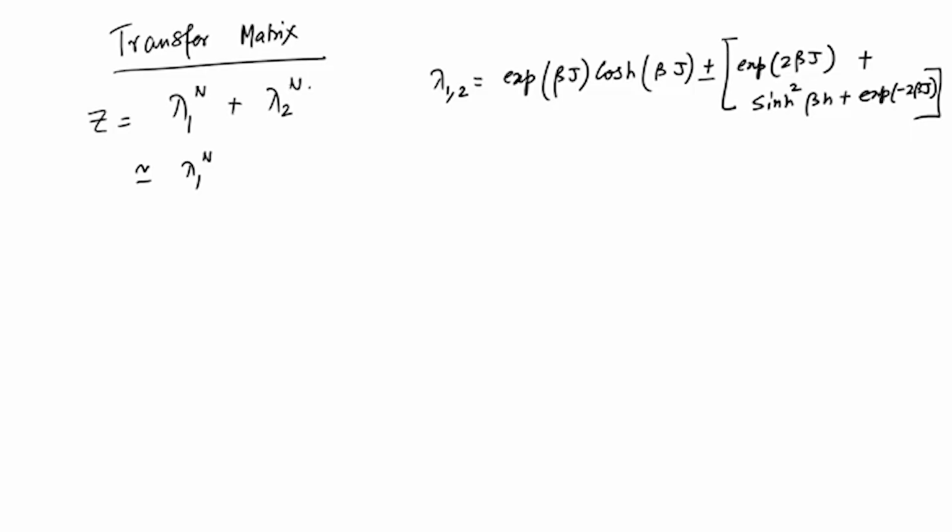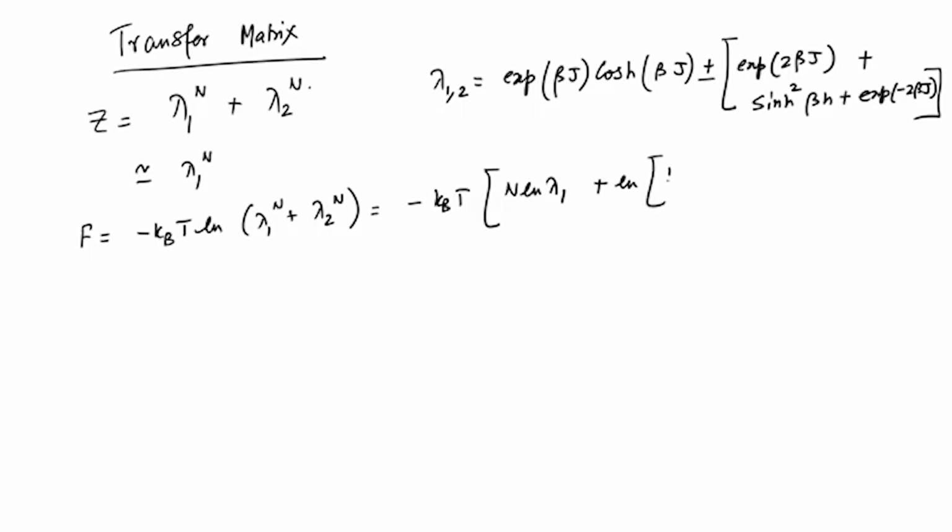And you can actually write this down as lambda 1 to the power n, or even if that is not appealing to you, in the limit n going to infinity, you can keep both lambda 1 and lambda 2 to the power n, and write down the free energy, which is equal to minus kT log of lambda 1 to the power n plus lambda 2 to the power n, and this can be written as minus kT n ln lambda 1 plus ln of 1 plus lambda 2 by lambda 1, the whole bracket to the power n.